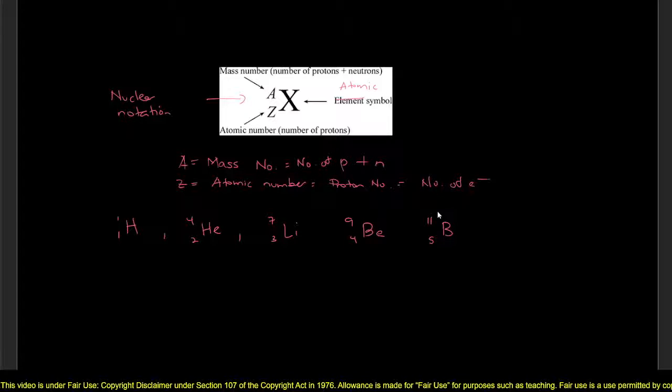Right, so you're usually given the mass number and you may be asked to write the nuclear notation for the element. So we're looking at these particular atoms of these elements, and knowing the first 20 elements, you should be able to come up with the atomic number, and provided with the mass number, you can write the nuclear notation.